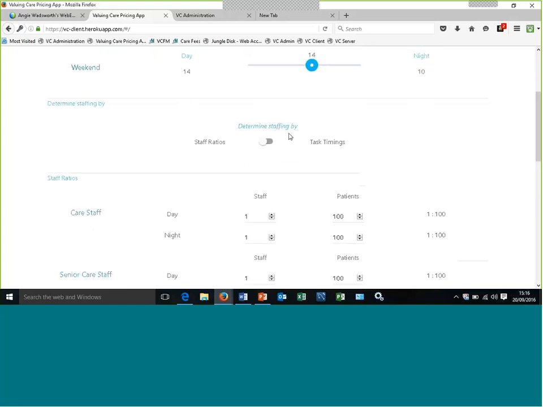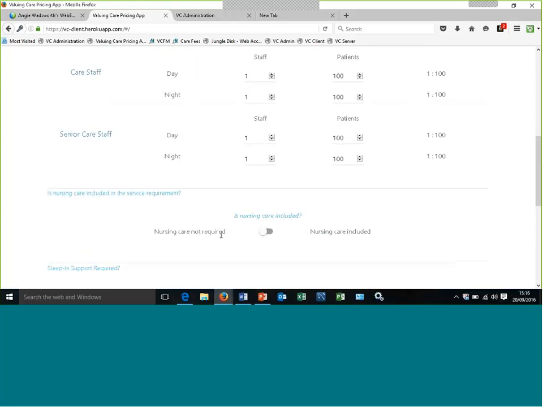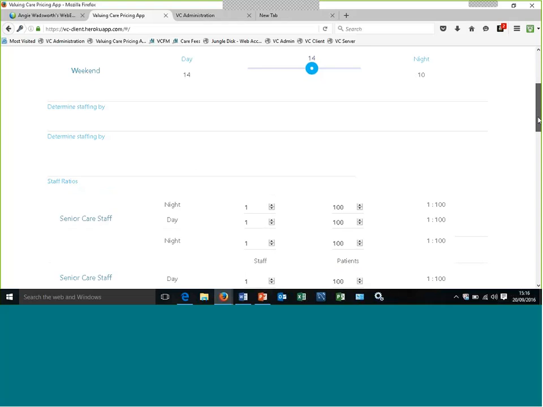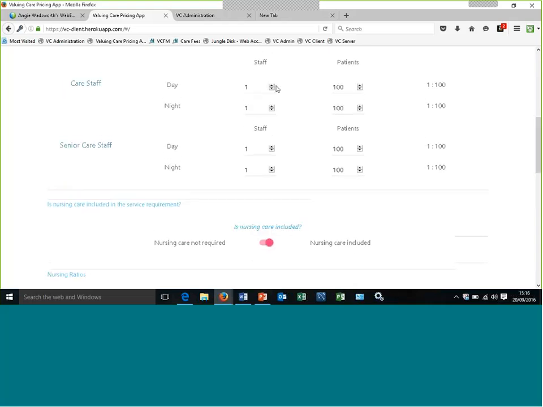Okay. So I do know that nursing is required, and I do want to provide a staff rota. So I'm going to say that I know that it's a 100-bed unit, and the provider's told me there's 5 staff on during the day, and at night there's only 3, and senior care staff there's 1 and 1 at night as well.